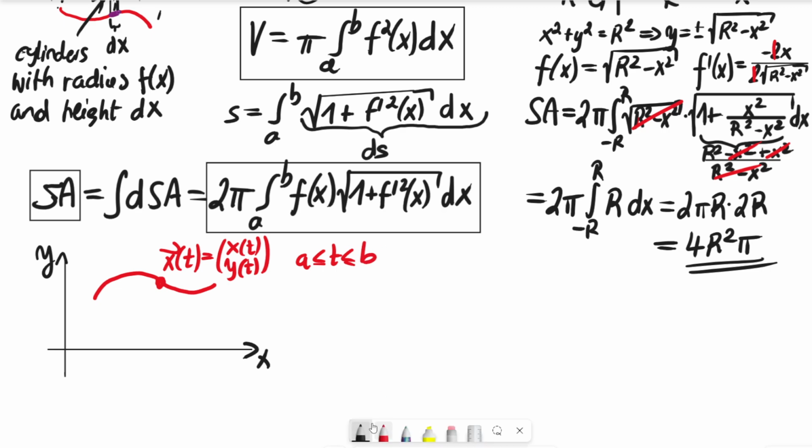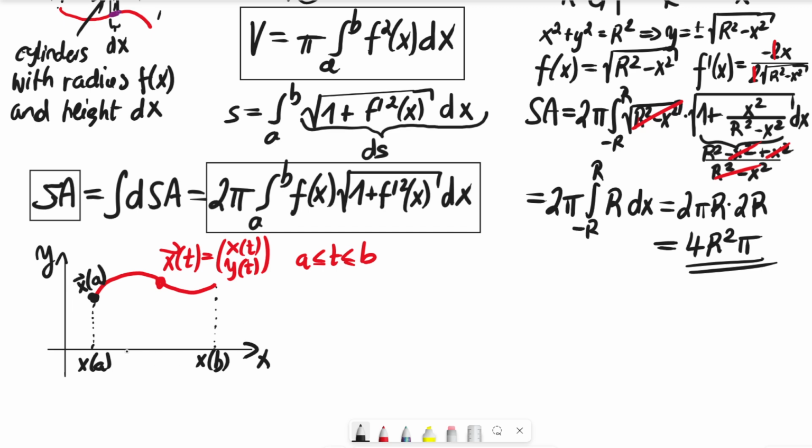What does it mean? It means that x without the vector symbol is located here. This is the x position, and here is the x position at the end. So the point itself is x at a with the vector symbol.